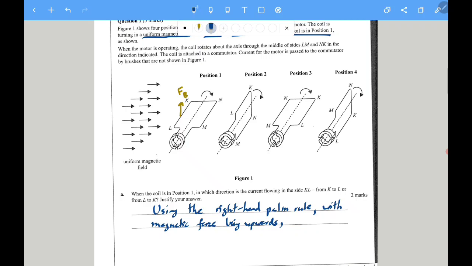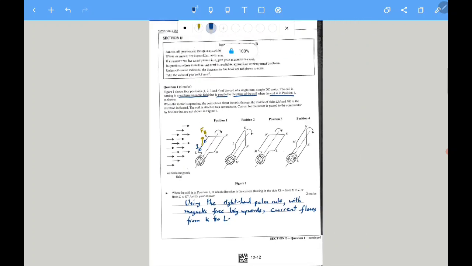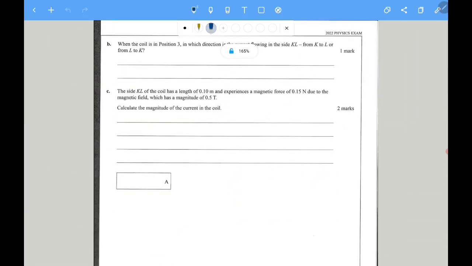With our fingers pointing to the right and our palm pointing upwards, we can see that current has to flow from K to L. All right, moving on.